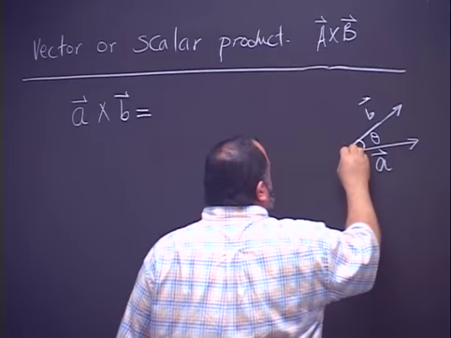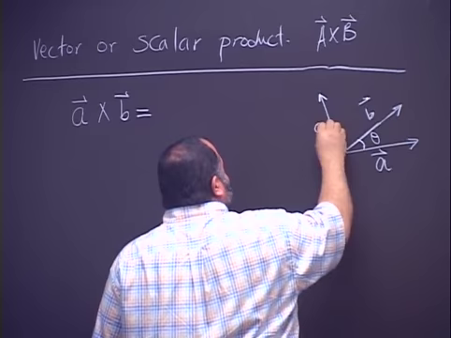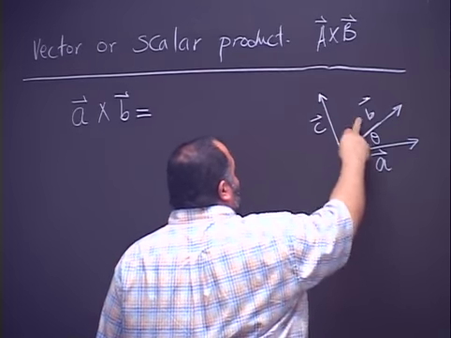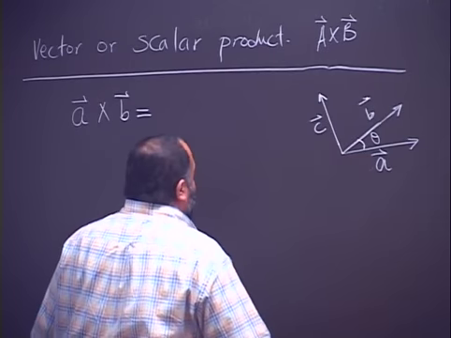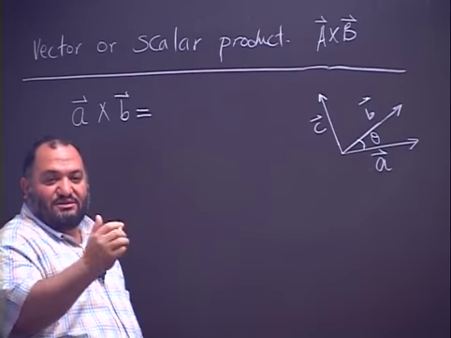So the cross product will be a vector, let's say C, which is perpendicular to both A and B. And you have to conserve the right-hand rule.